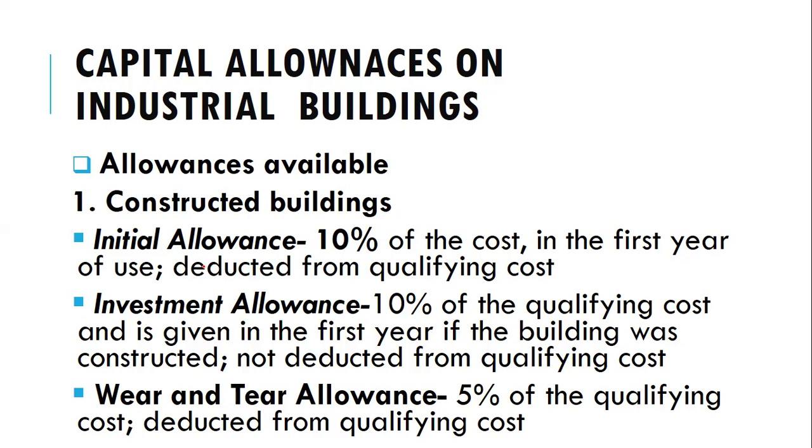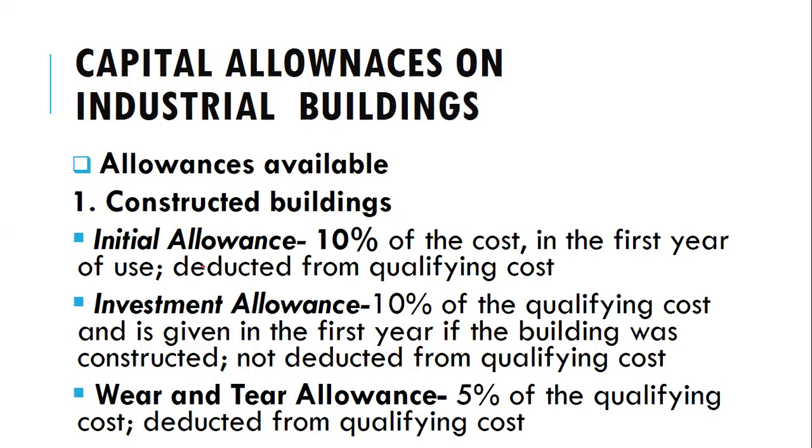10%. And then the investment allowance: by virtue of you constructing this building, you give this investment allowance, and then you also give a wear and tear allowance. So if a building was constructed, you give three types of allowances: initial allowance, investment allowance, and wear and tear allowance.